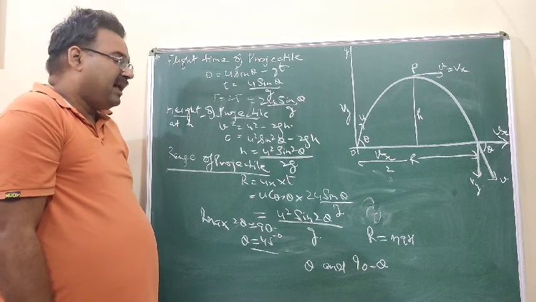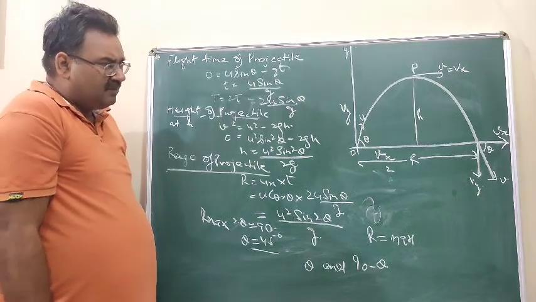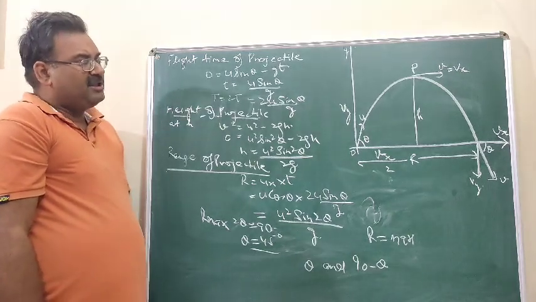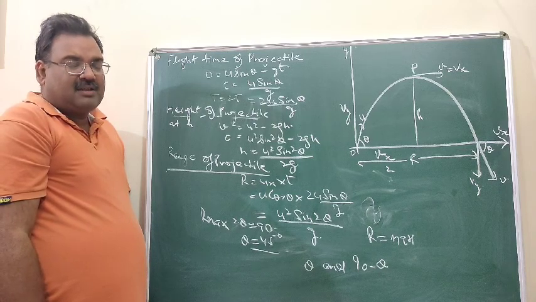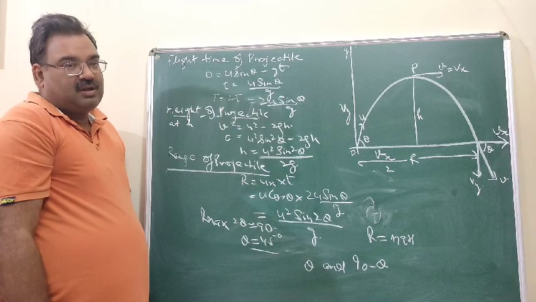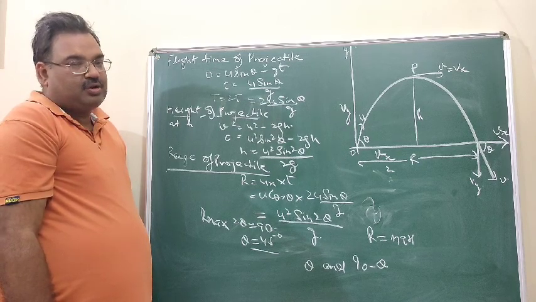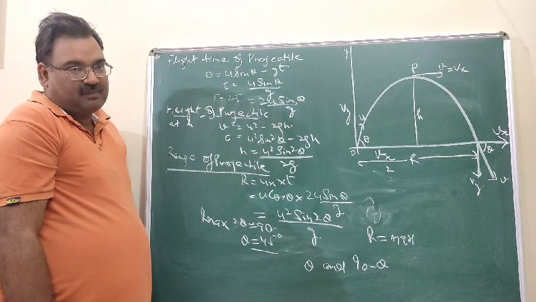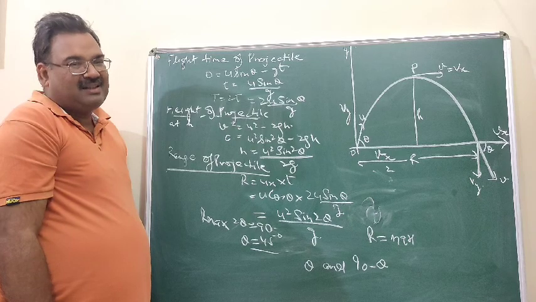Then next we have the height of the projectile. Again, the maximum height is at the point P, and this motion is again under acceleration due to gravity. So we will use the equation of motion. We need to find out the height, so we will use the equation v square = u square - 2gh. The final velocity at the highest point in the vertical direction is 0.